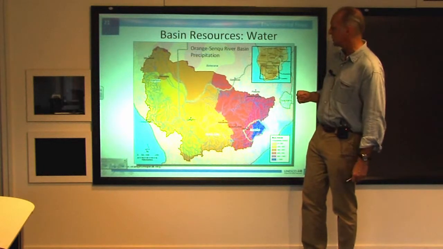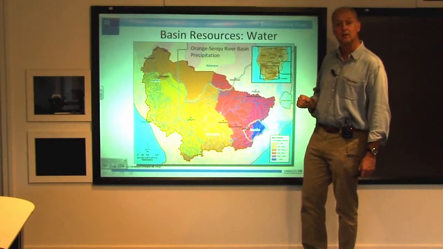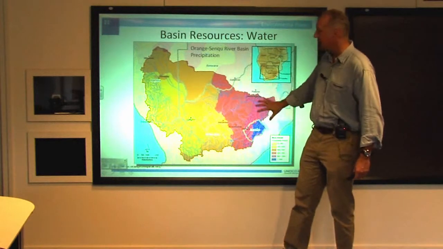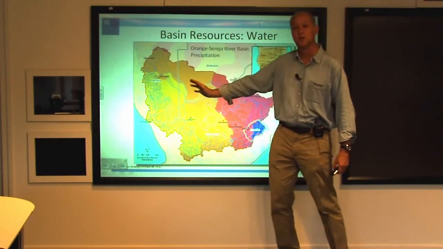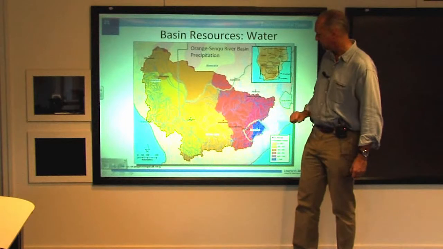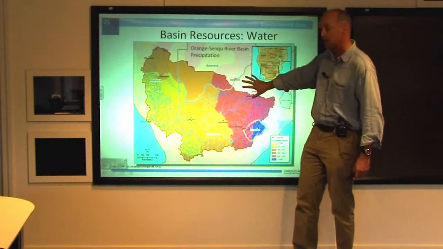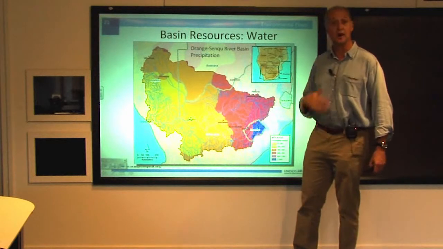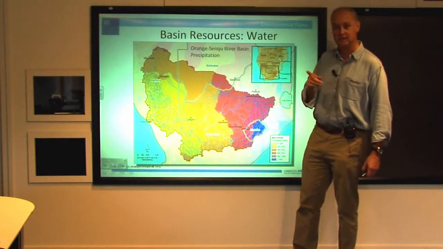So here, back to the Orange Senqu, is an illustration of rainfall across the basin. And we can see that there's a strong gradient with higher rainfalls to the east and much lower rainfalls to the west. Remember where we had our population densities, which tend to be in the areas with higher rainfall. That makes sense.